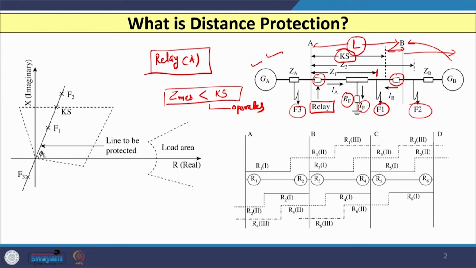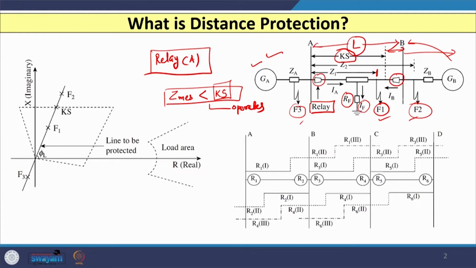So, if I consider the three faults shown here, F1, F2, F3, and the set value of impedance is Ks, then if the measured impedance is less than the set value of impedance, the relay operates, otherwise the relay blocks.